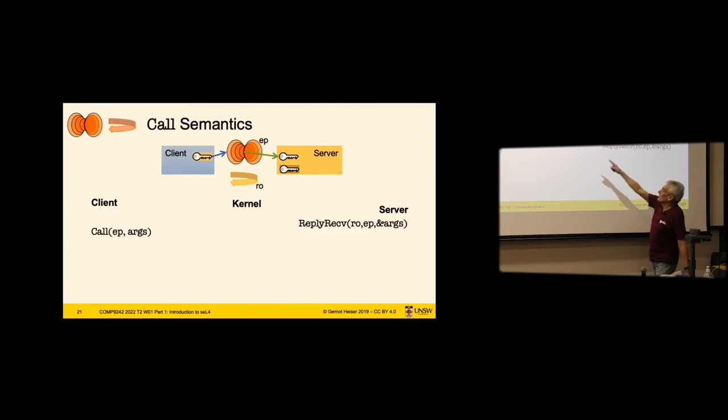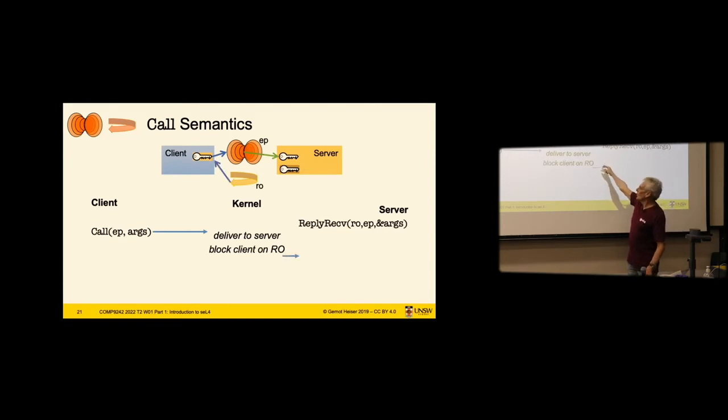And then the client comes along, invokes the endpoint, sends, and that means the kernel now context switches. It delivers the arguments to the server, but also blocks the client on the reply object. So this is basically as if the client immediately then switched to waiting on this reply object, except it doesn't know this reply object.